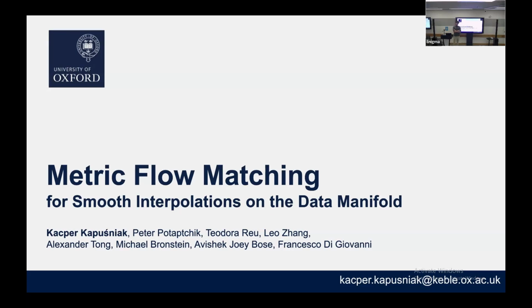Maybe out of curiosity, how many people here have heard of or know diffusion models, flow matching? Okay, not as many as I hoped for, but it's fine. So let's start. First of all, the slides and the work, especially the experimental side, were led by Kacper, who's a PhD student in Oxford.